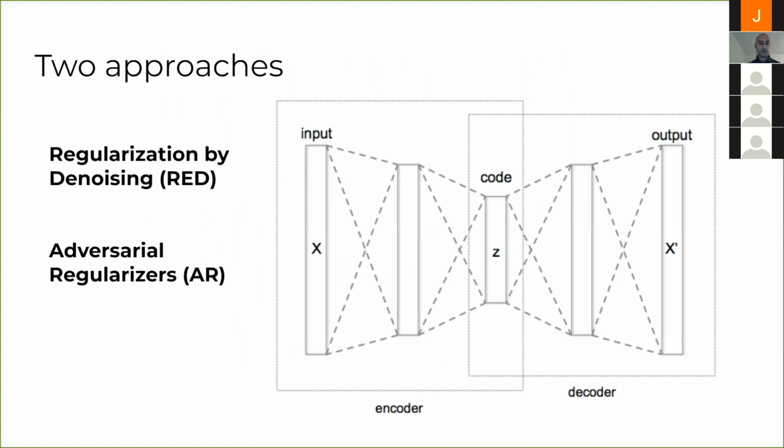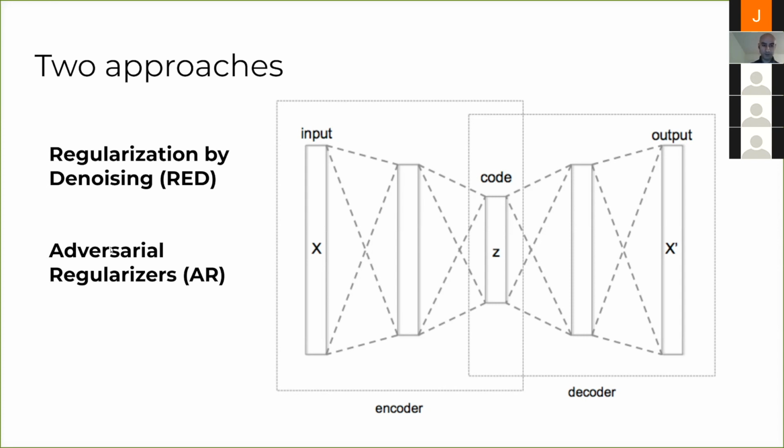Mainly, regularization by denoising is a mathematical framework for plugging in a denoiser. It could be any type of denoiser, but convolutional neural networks as denoisers have been pretty successful. So that denoiser can be a convolutional neural network. So that would be regularization by denoising using a convolutional network.